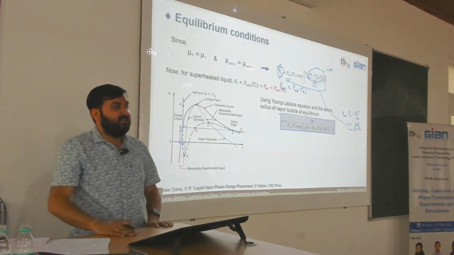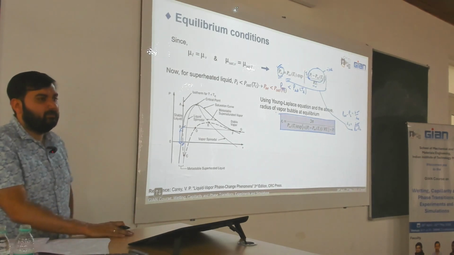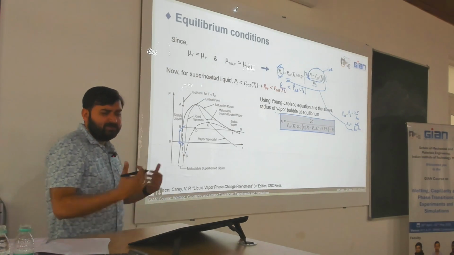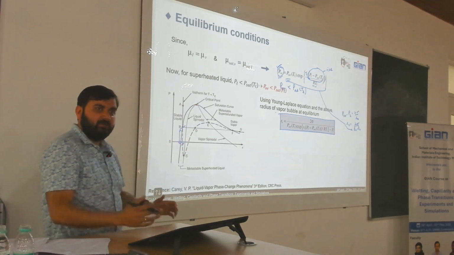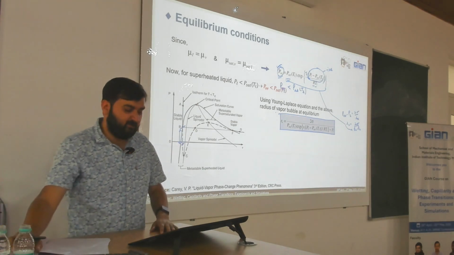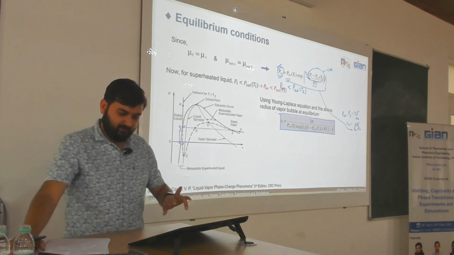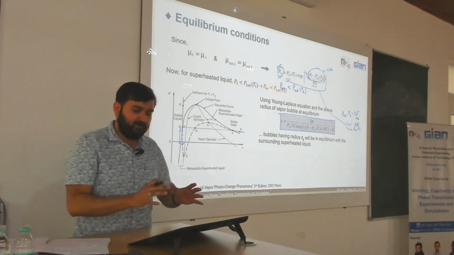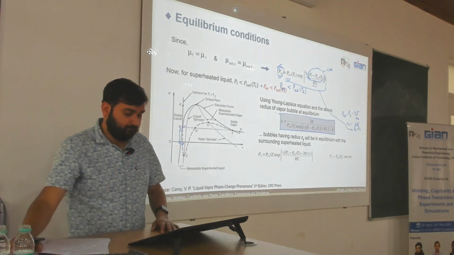So this would be the radius. For the vapor to be in equilibrium, it must have this radius. Of course, next we will see if this equilibrium is stable or unstable, or if any perturbations take place, what will happen to the system. But for now, this is the equilibrium radius, found using the Young's Laplace equation as well as the correlation between the pressures. And this is where the vapor is surrounded by a metastable liquid.